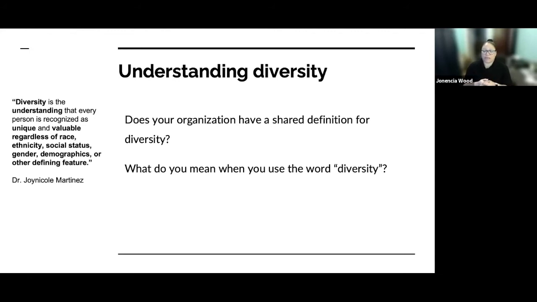So it's really important to, again, come back to that fundamental: how are you using diversity as a defining element for discussing the types of people that you need around the table.